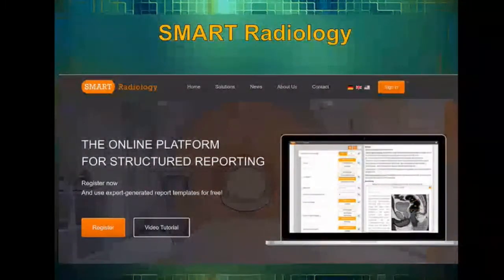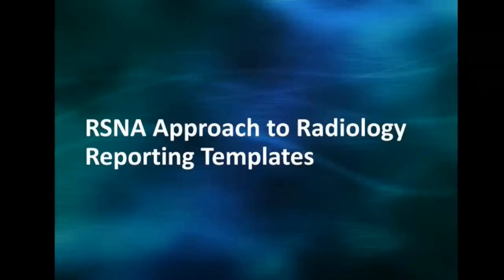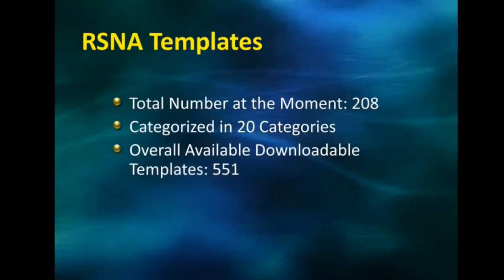This template library now has more than 200 templates, which are categorized in 20 categories, and overall the available downloadable templates are more than 500. This is the screen for the reporting library, and you can see the categorization of the templates. If you click on one of them, you will have a list of potential templates arranged in that category.